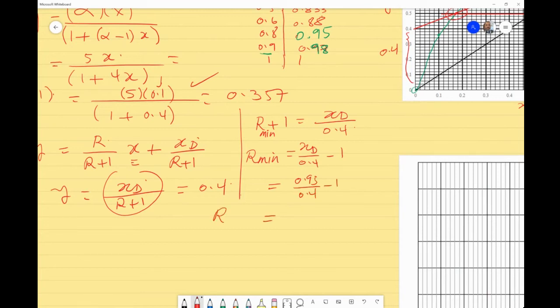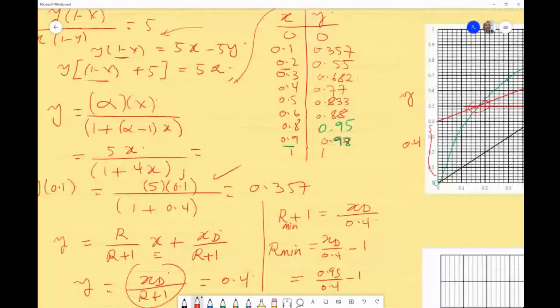So what is the value now for R minimum? 1.375. Let's say 1.3 is enough. So therefore, my actual R that I'm going to use is going to be what he says here.